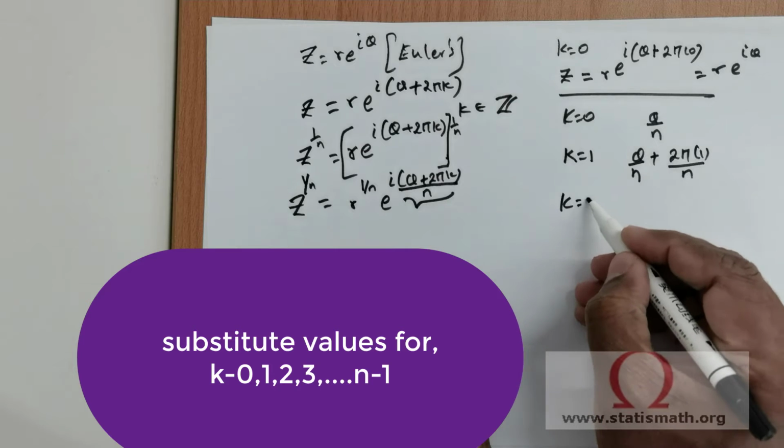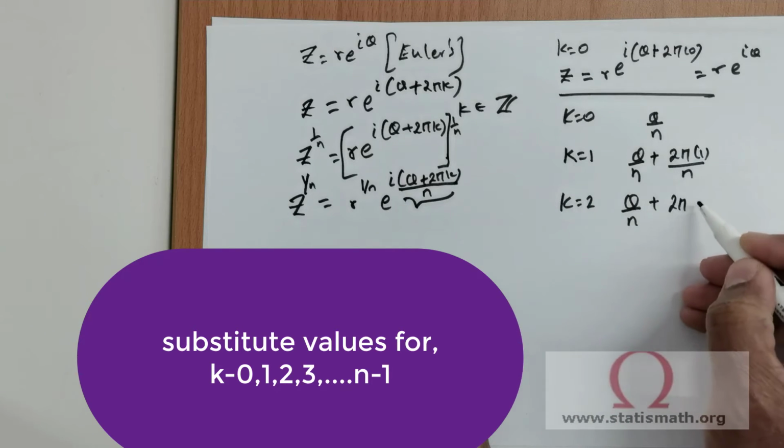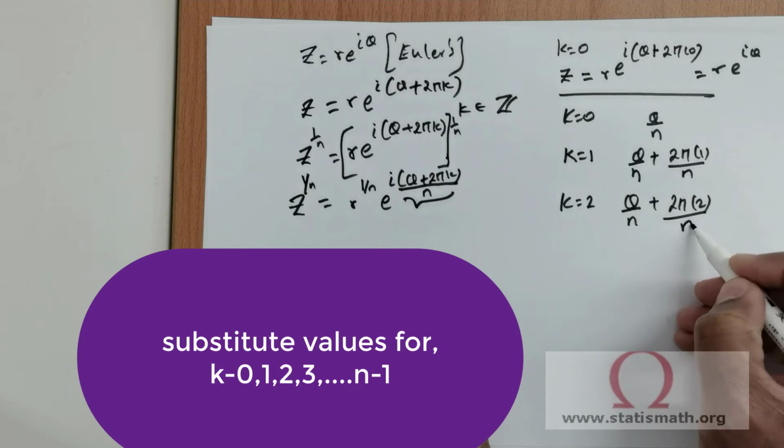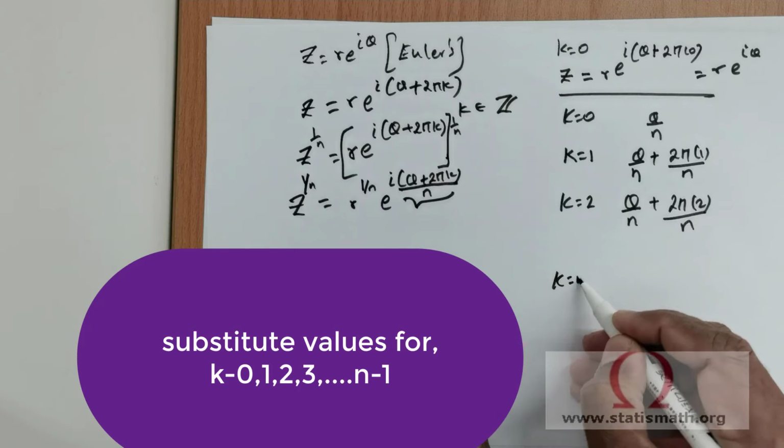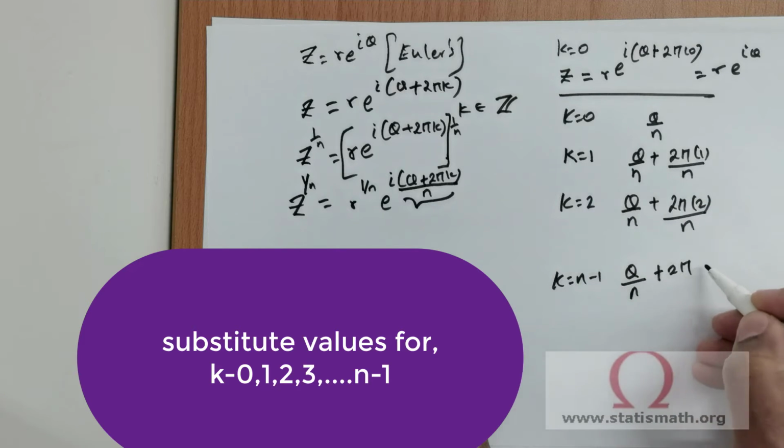When k = 2, this is going to be θ/n + 2π(2)/n, and so on. For k = n − 1, this would give me θ/n + 2π(n − 1)/n.